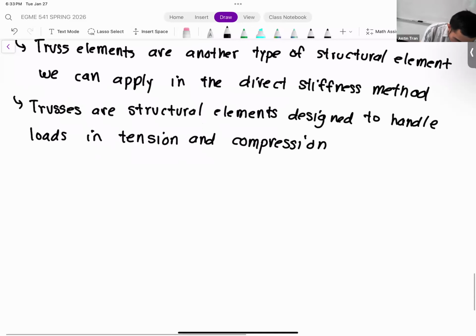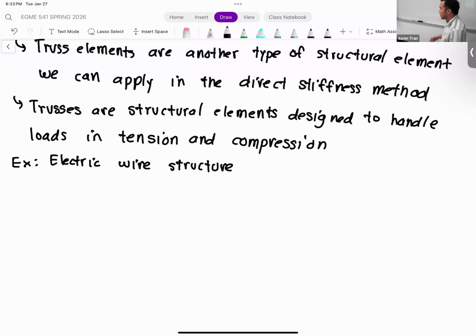For example, I think the most striking example of truss elements that you see out in the wild is basically any structure that's designed with thin elements. If you look at the supporting structures for our electrical wires, or our phone cables, a lot of cities are burying the electrical wires underground nowadays, but a lot of cities still have electrical wires suspended in the air, away from people.